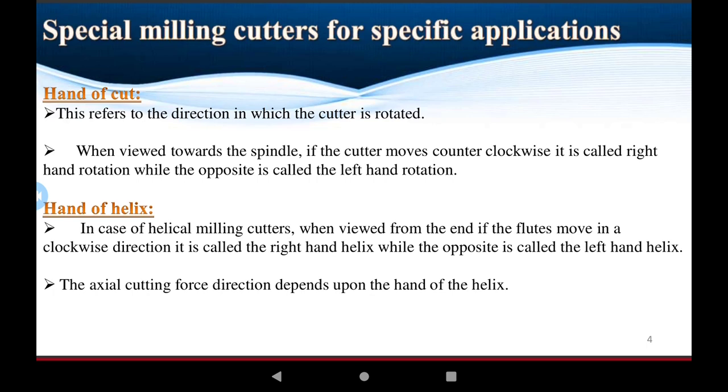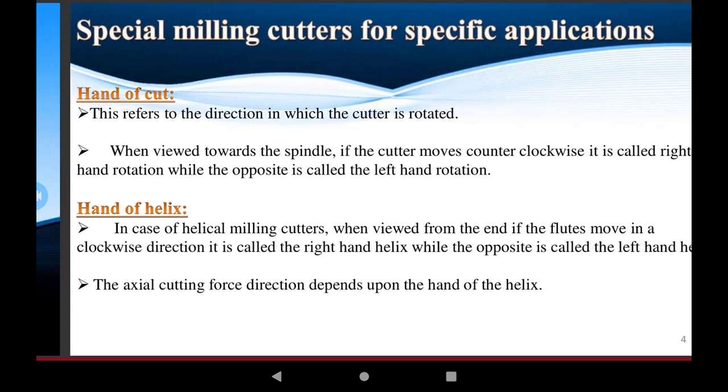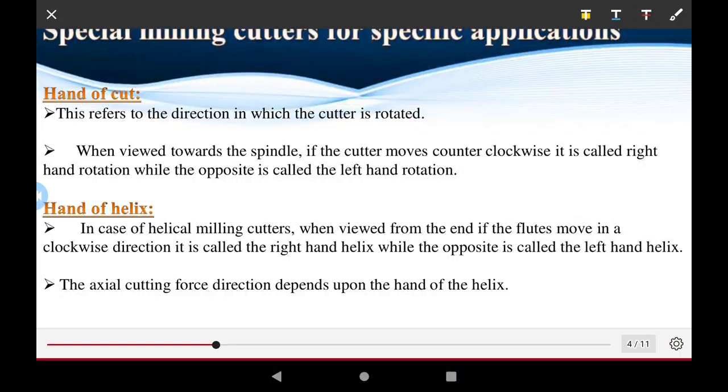If the cutter moves in the clockwise direction, it is called right hand rotation, while the opposite is called left hand rotation. Okay, this is the left hand rotation of the tool.